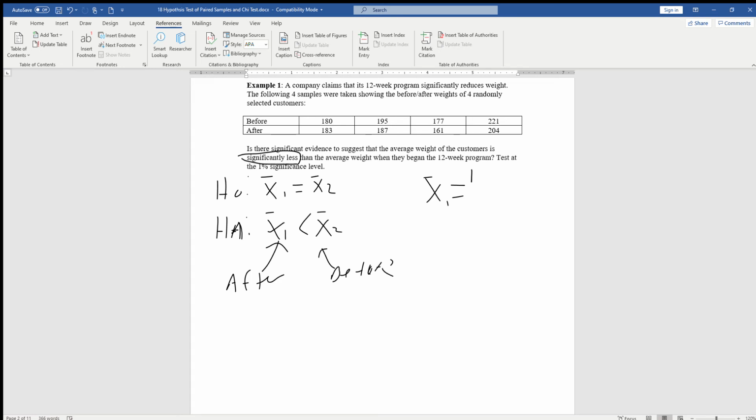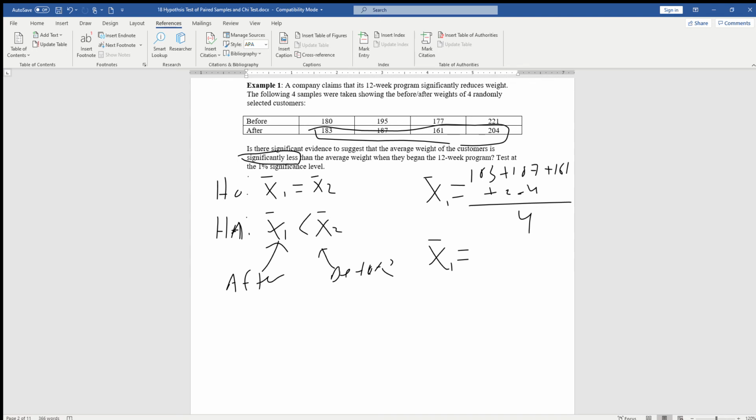So that's going to be 183 plus 187 plus 161 plus 204, and we're going to divide all of that by 4 to get X bar 1. All right, so all we're doing is just taking the average of these 4 values.